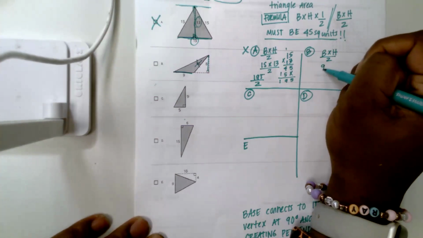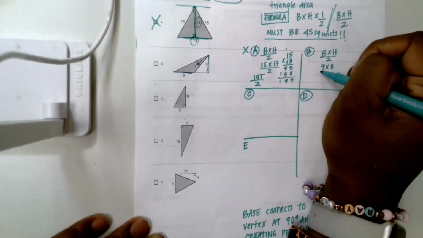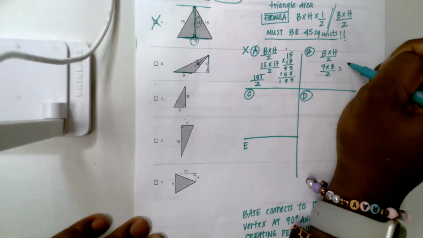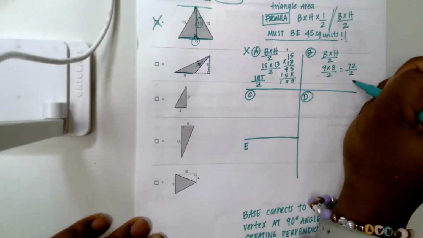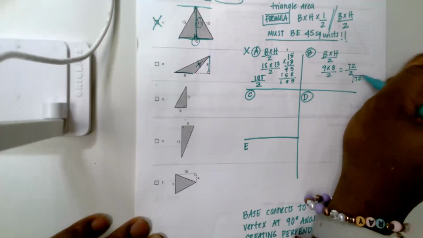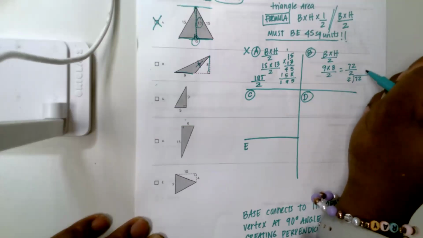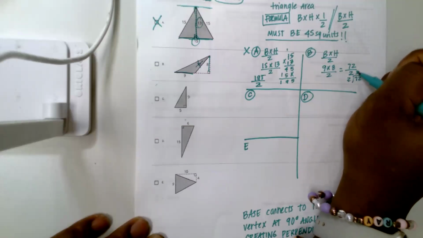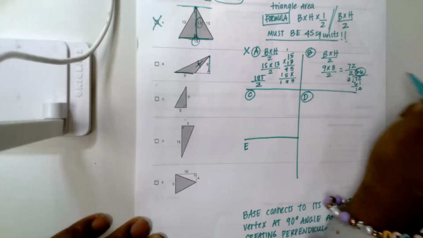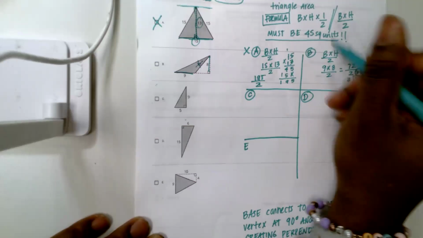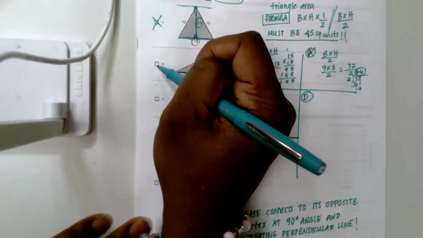My base is 9 times 8 divided by 2. 72 divided by 2. 2 goes into 7, 3 times, 2 times 3 is 6, 1, 2 goes into 12, 6. 36. 36 is incorrect because I'm looking for 45.